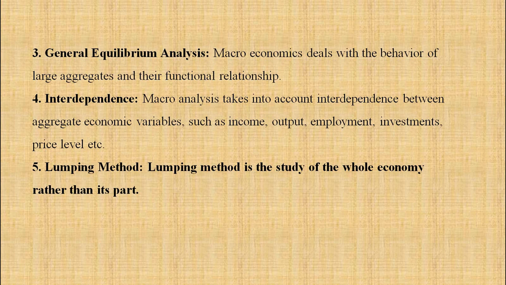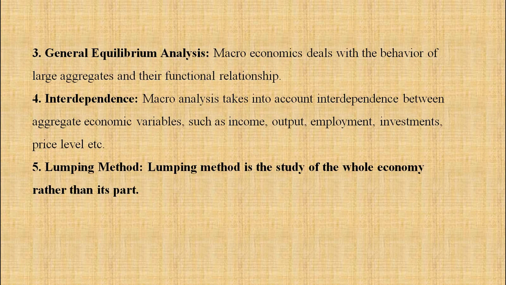The result is that it changes the level of income, the level of output, the level of employment, and the level of economic growth and development. So they are interdependent. One variable, say for example investment, creates various impacts on other factors like income, output, employment, economic growth, etc.